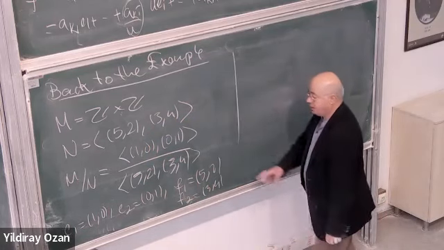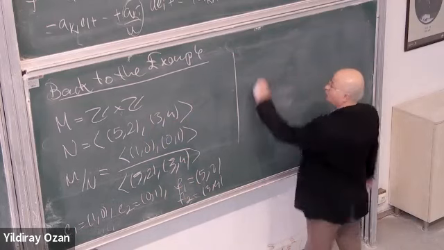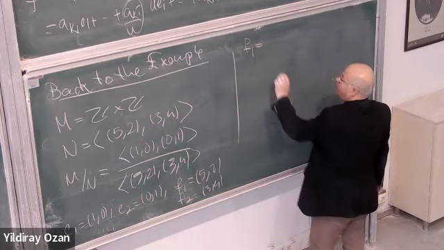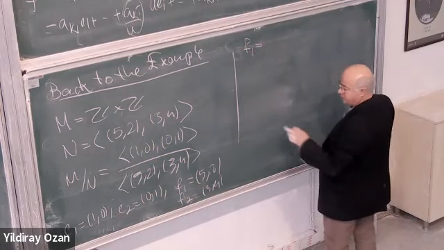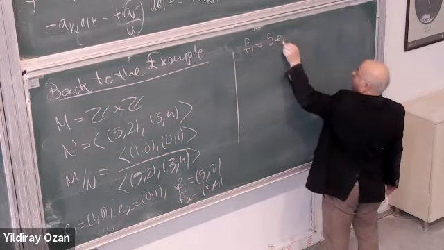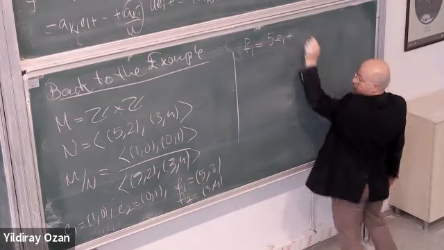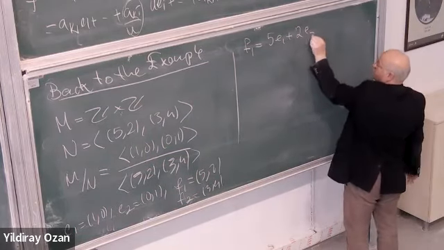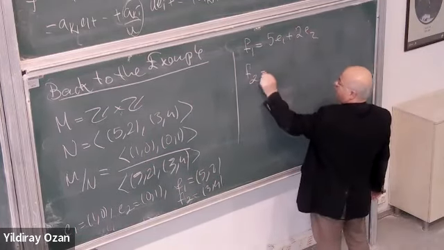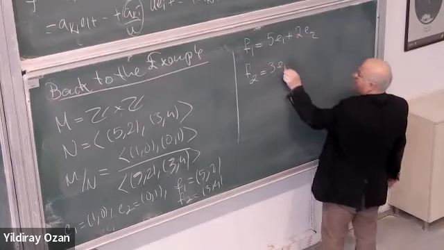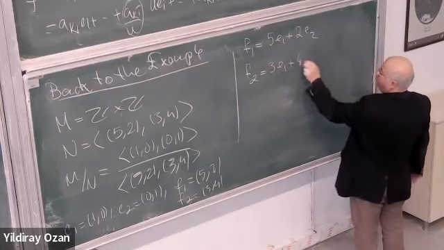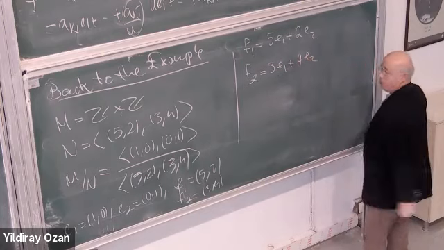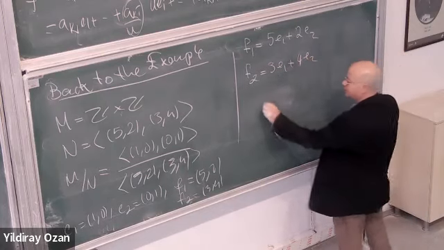So I write F1 and F2 in terms of E1 and E2. So this is just 5 times E1 plus 2 times E2, and F2 is 3 times E1 plus 4 times E2. So what is my coefficient matrix?